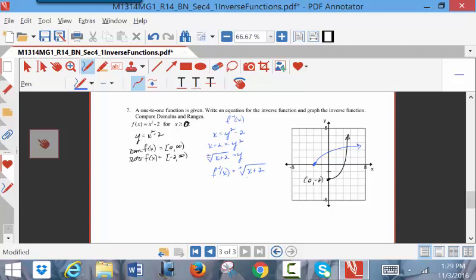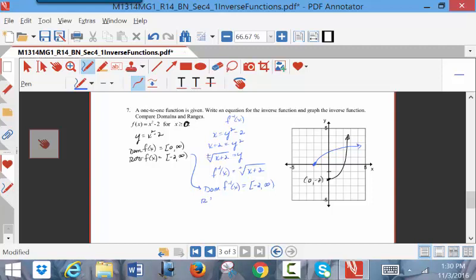Which is graphed. And this point is -2, 0. Okay, now, without looking at the blue graph, the domain of my inverse function is supposed to equal the range of the original. It's supposed to be -2 to infinity.